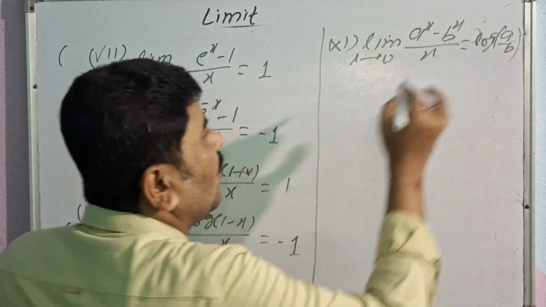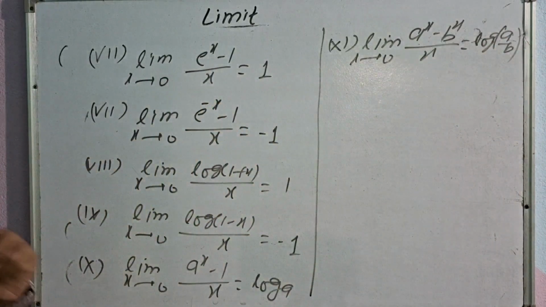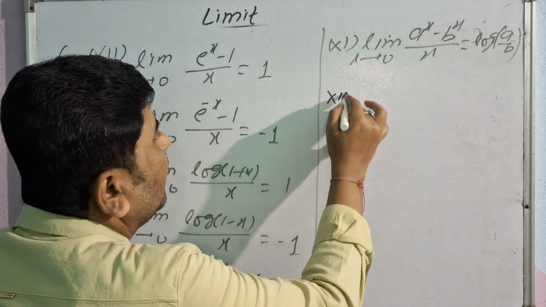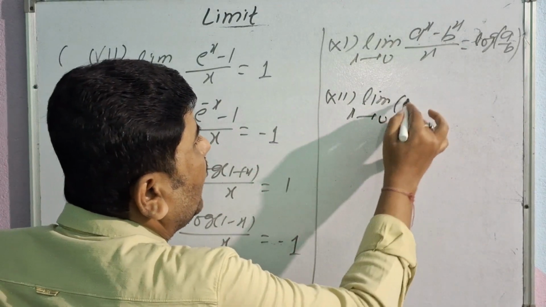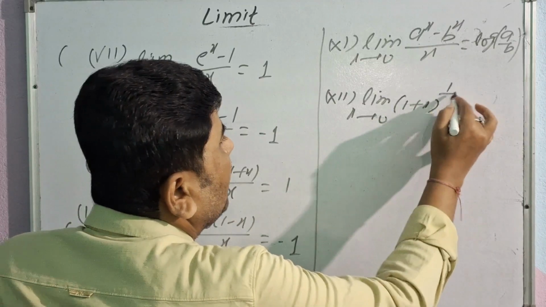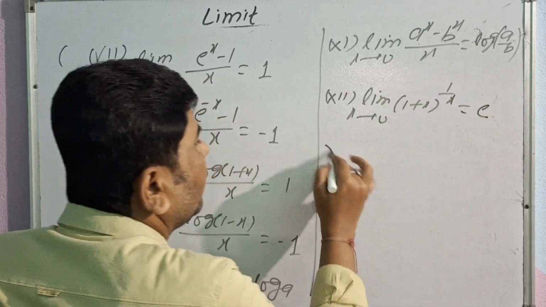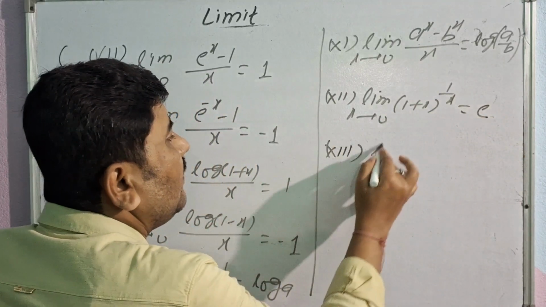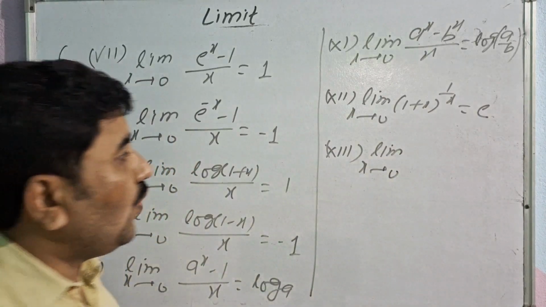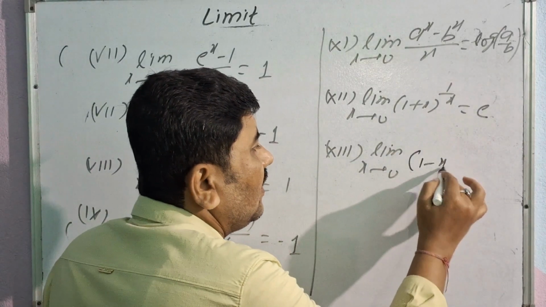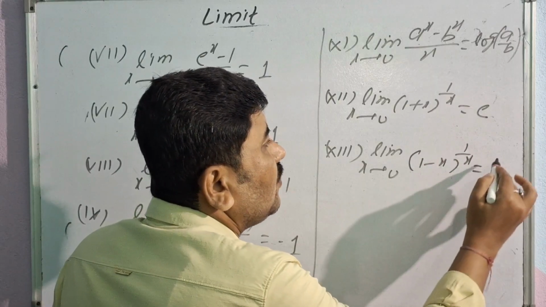It is exponential form. Okay? Limit x tends to 0, (1 plus x) to the power 1 by x equals e. Limit x tends to 0, (1 minus x) to the power 1 by x equals 1 by e.